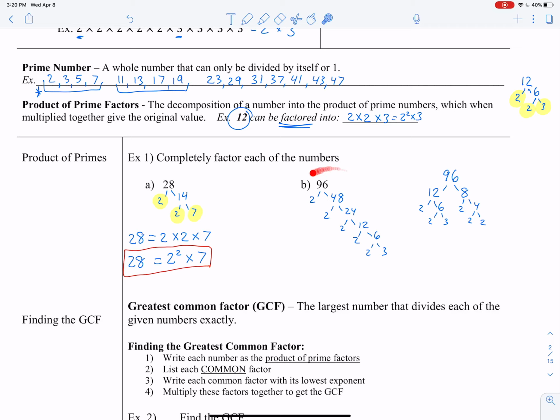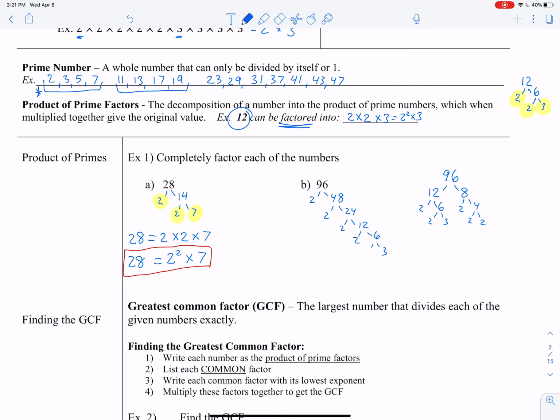Okay, so let's look at here. For this factor tree, I have 1, 2, 3, 4, 5. So I have 96 is equal to 2 to the 5. And then I have 1, 3. I wrote this too high.